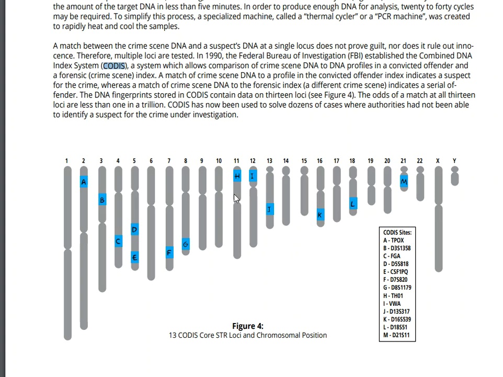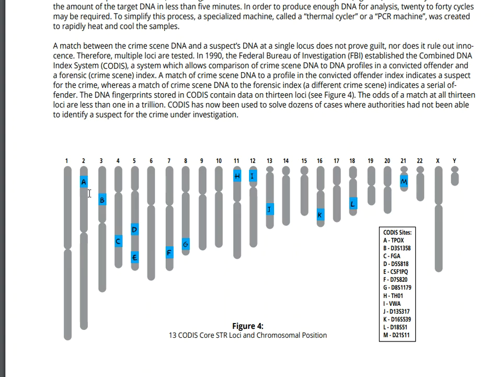So for CODIS, what you're going to find out is that they are particular areas of the DNA that CODIS really pays attention to. And here are 13 different sites that we see within the CODIS system.